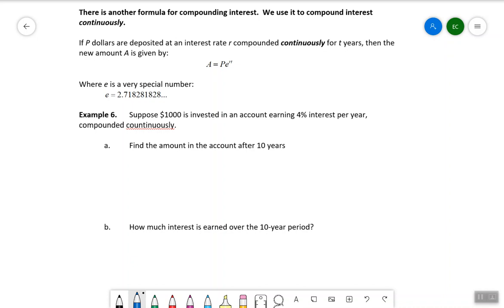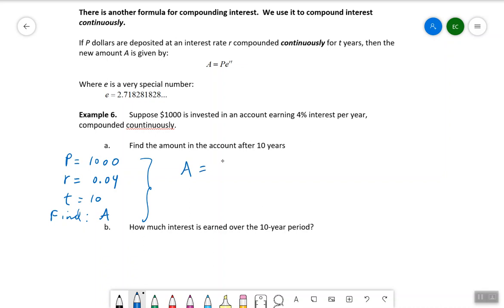Okay, so the principal P is $1,000, and the interest rate is 4% or 0.04, and T is 10 years. And so we want to find the future value A. So we'll just plug in.